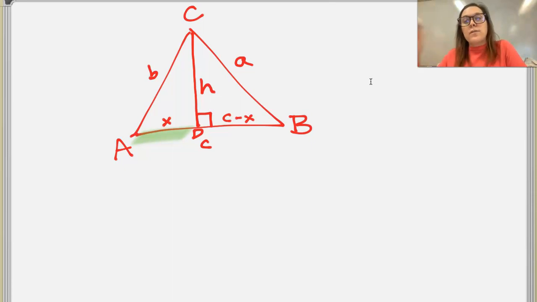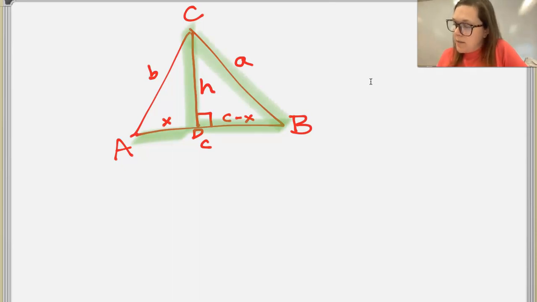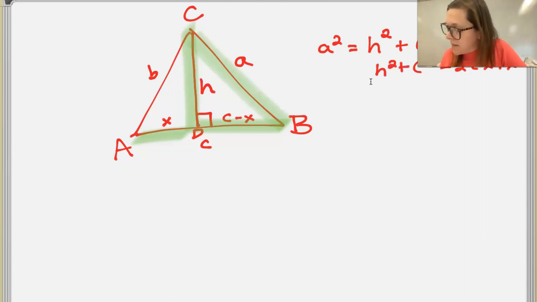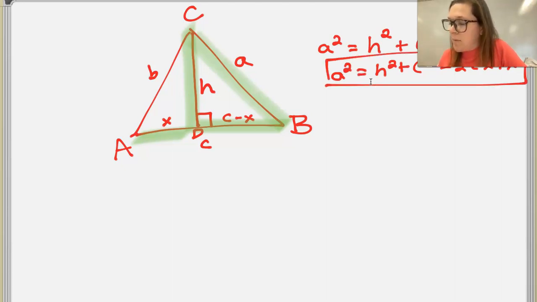If I look at the triangle on the right and use the Pythagorean theorem, I have a squared is equal to, so that was your hypotenuse, one of your legs, which is the height, so h squared, plus the other leg, which is c minus x squared, and I can expand that out. That's going to be c squared minus 2cx plus x squared, and then bring down my h squared. I don't think I have anything I can combine there, so I'm just going to leave that as is. We're going to box that and remember that for later.